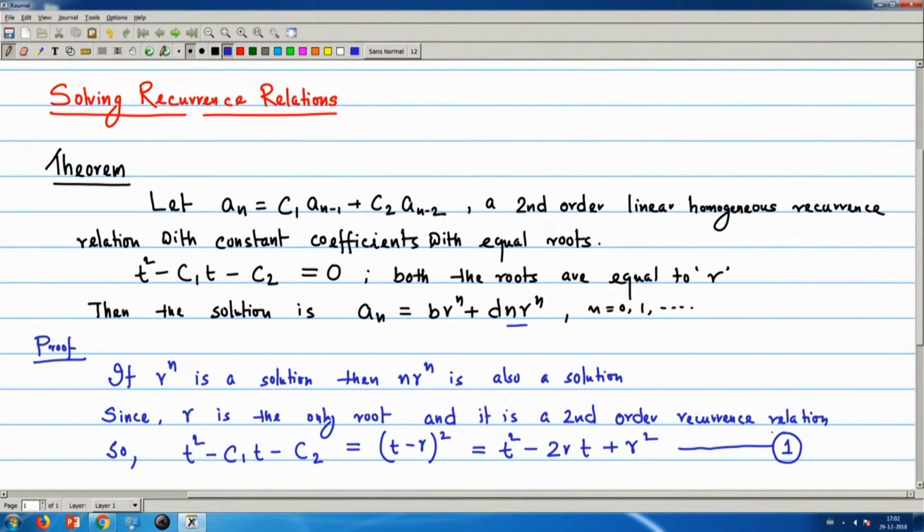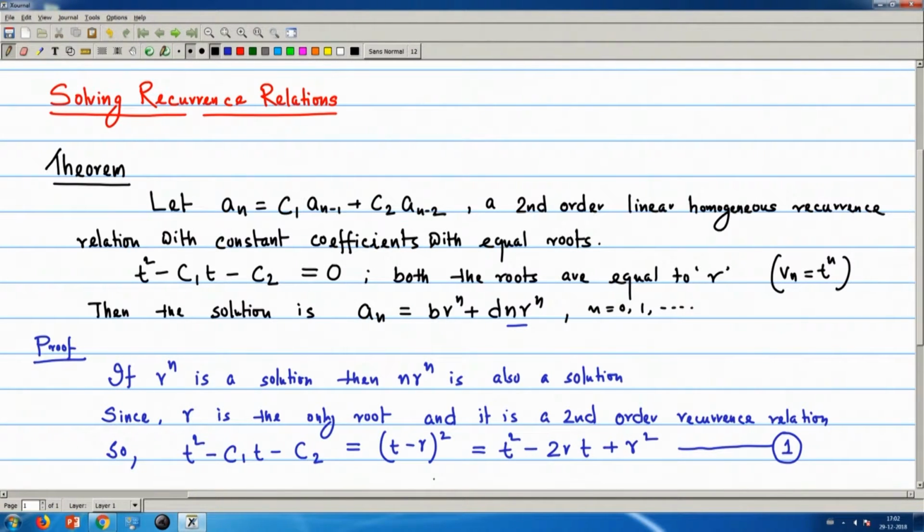One thing we write here: in the last theorem we saw that this t comes from the solution V n equal to t to the power n being of this form.